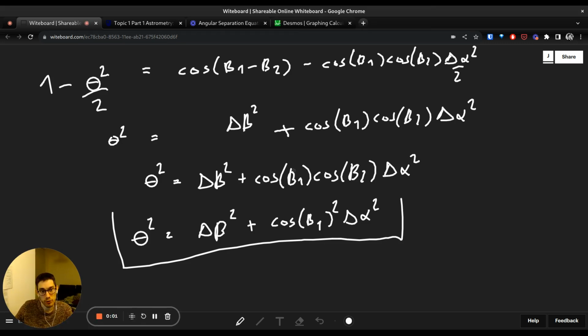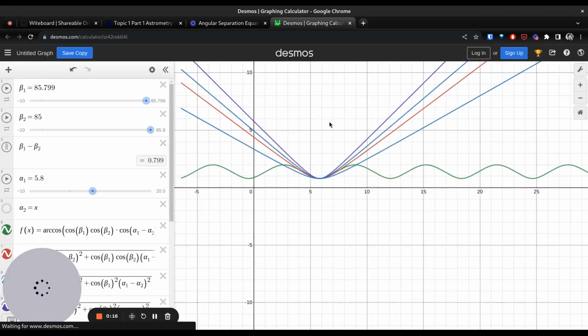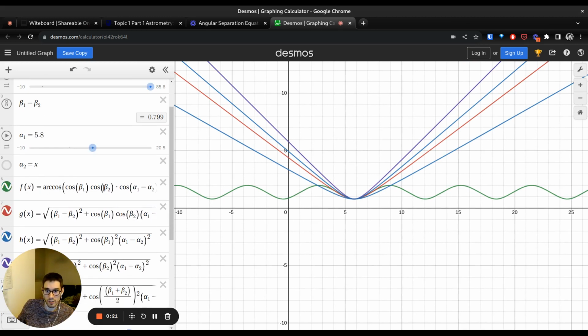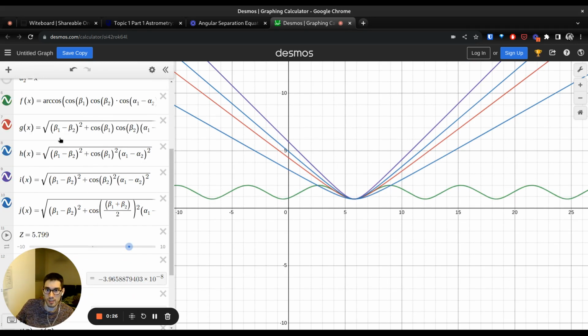Now, if you're like me, the most surprising thing here really is that you can simplify this into this. And to explain it, I have this Desmos, which I made, where basically you have the original function without any simplification, which you can see here in green, and then the approximations where the only difference is here I don't change the cosines.